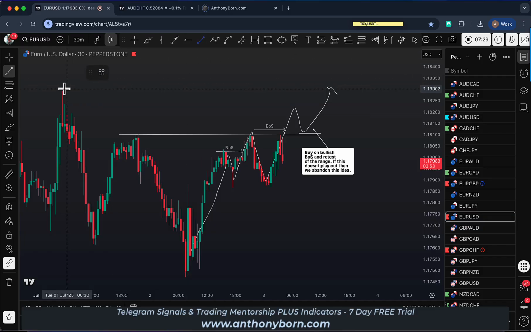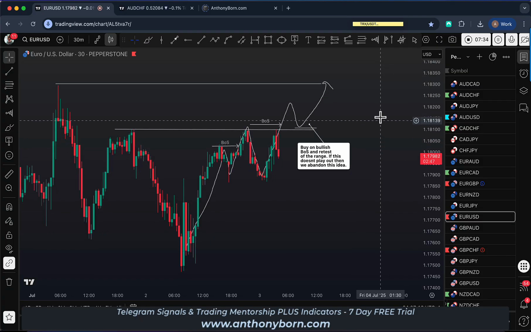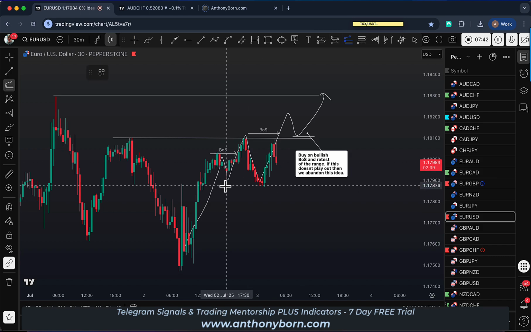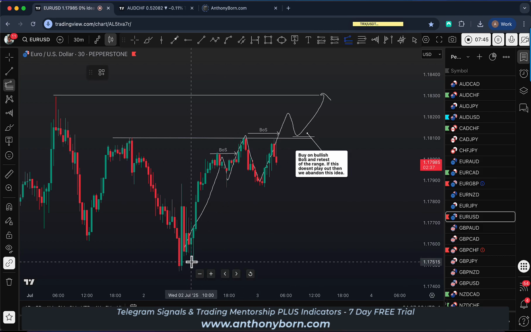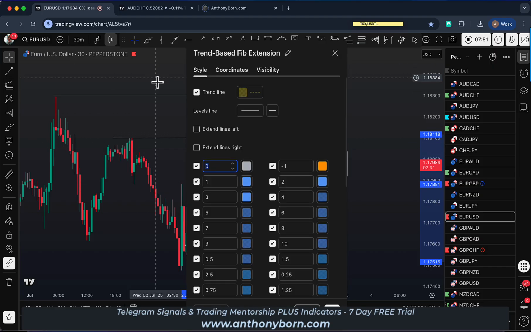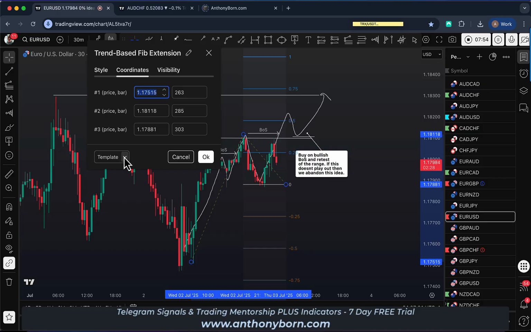Well, we've got nothing on the VWAP, but we've got this high here. That's one. The other way you can do the target is grab a trend-based fib extension. This might be pushing the envelope. Oh, that's my risk-reward tool. Just fib extension.